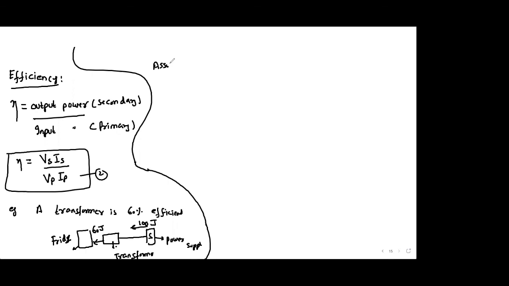Now, I'm assuming 100% efficiency. It means I'm assuming that there is no loss in energy. It's not the practical case, right? Which means eta is equal to 1. In equation 2, I'm substituting eta equal to 1. Then you will get 1 is VSIS over VPIP.